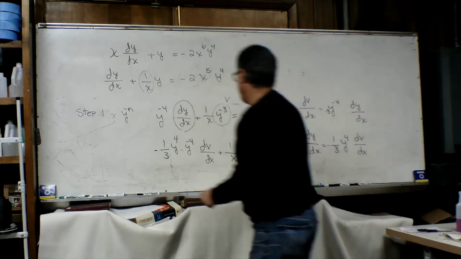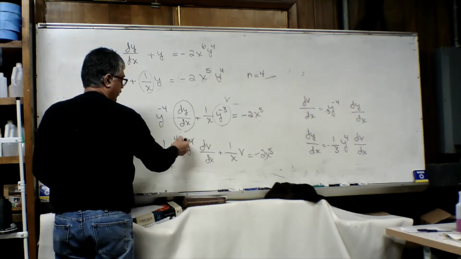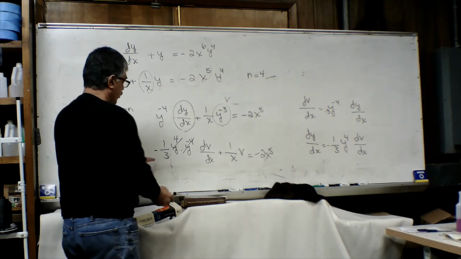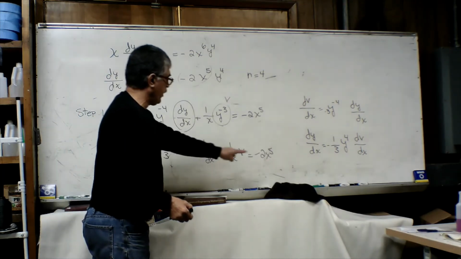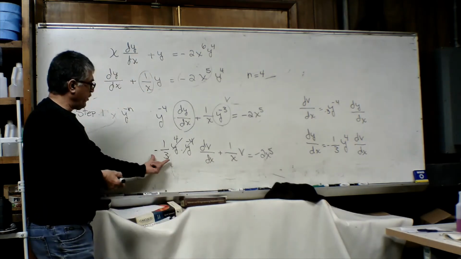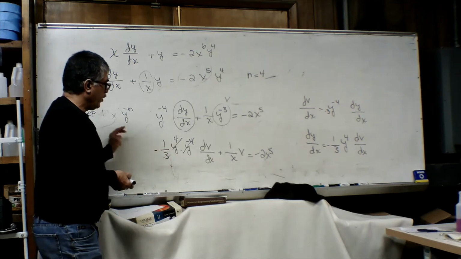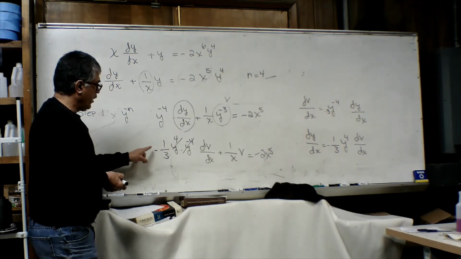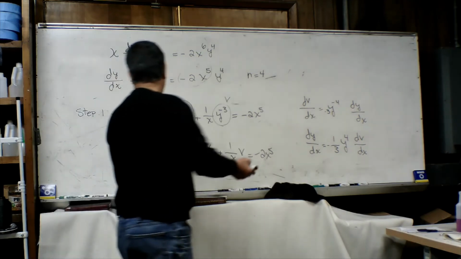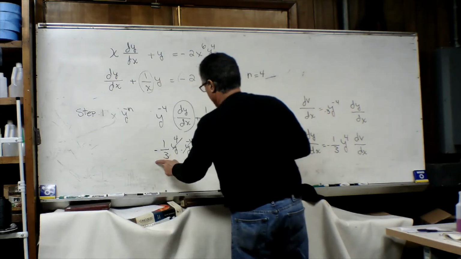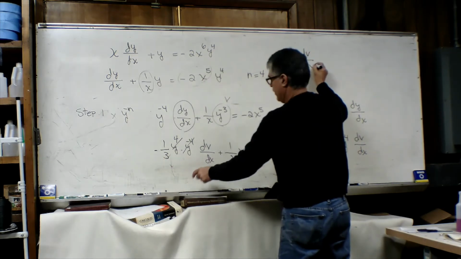Now, if we simplify this, y to power 4 multiplied by y to power minus 4 is 1. So we have minus 1/3 dv over dx plus that. So let's get rid of this minus 1/3 and multiply both sides of equation by minus 3.